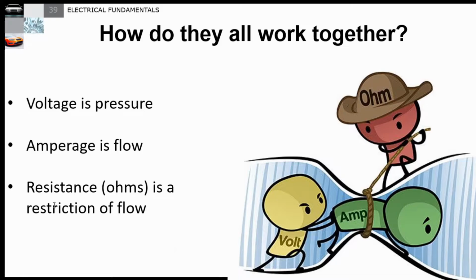And then resistance, or ohms, which is the restriction to flow. Okay? So higher voltage is going to be able to push more amperage through a given amount of resistance, okay? But flow is going to be inverse to resistance, because the more resistance we have, the less flow we are going to be able to have, correct?